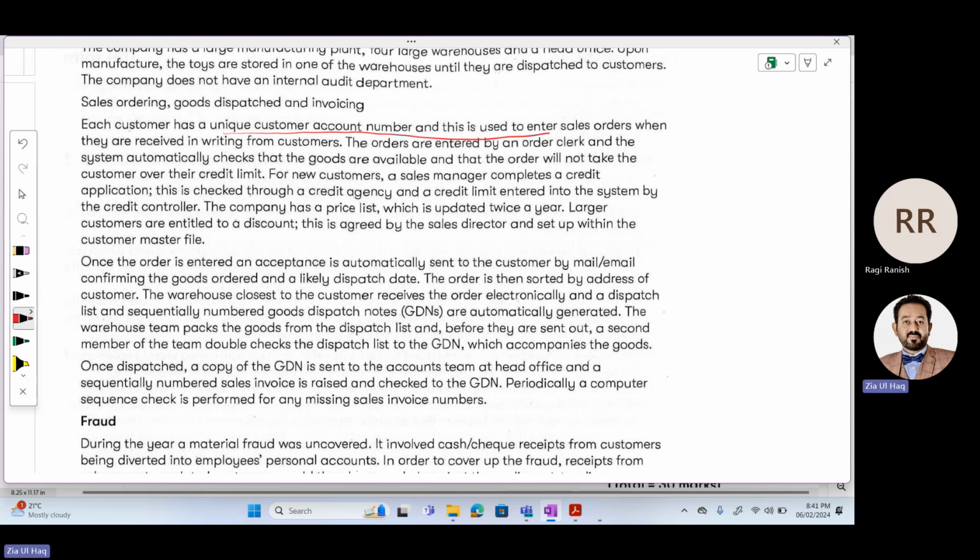And while receiving orders, the system is checking stock availability, that goods are available, and the credit limit of the customer automatically. This is a control. How can we perform a test of control? The system is computerized.